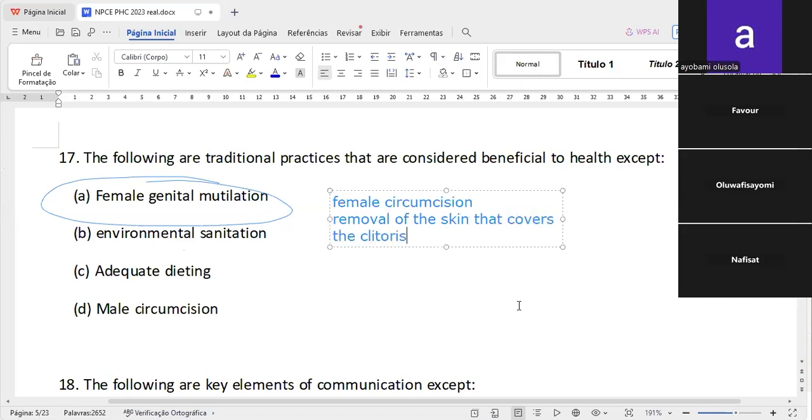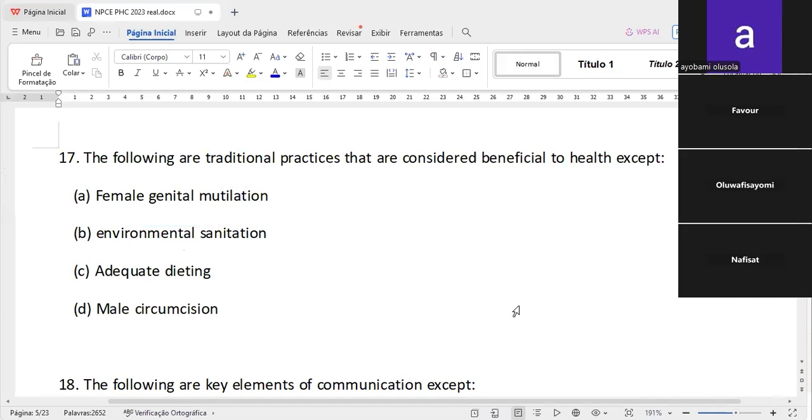Traditionally, they said it would stop a girl from being promiscuous, because sensitivity to sexual stimuli will reduce. But now health educators advise against it, because it causes more health problems than good.